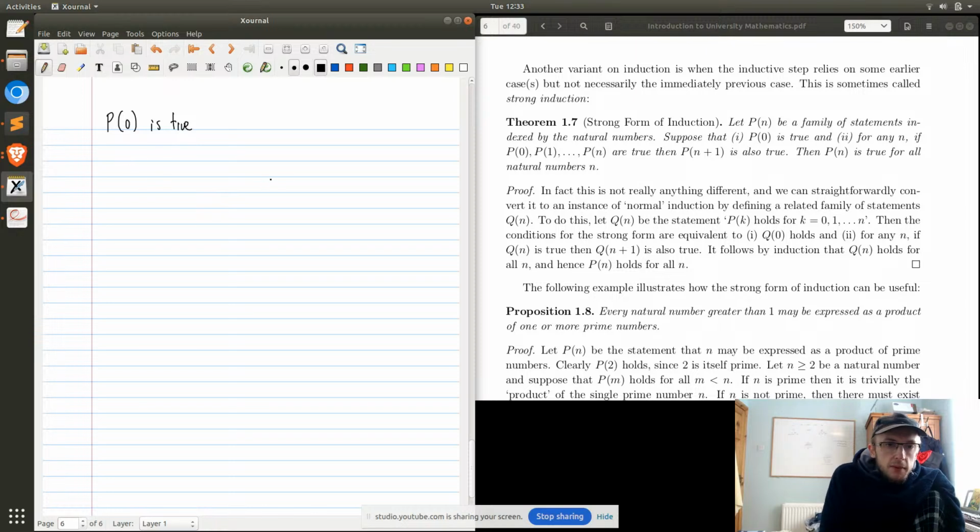And for P of n plus 1 to be true, all the prior propositions have to also be true. Like these collectively being true implies this. And if that's the case, if you have this and this holding and being true, then it's true for all the natural numbers.